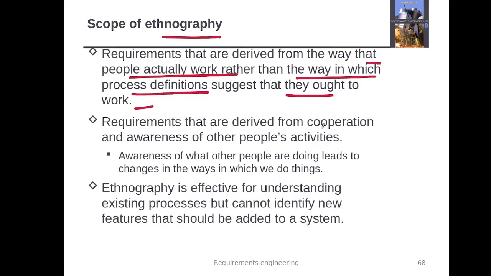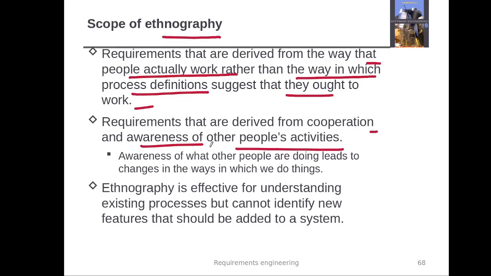Requirements that are derived from cooperation and awareness of other people's activity. If we see how people are working together, these kinds of things can also be observed.